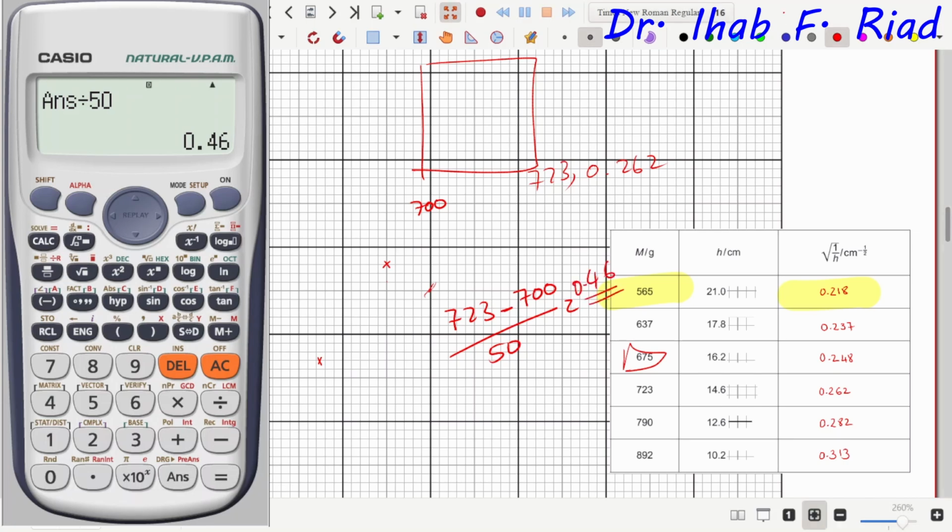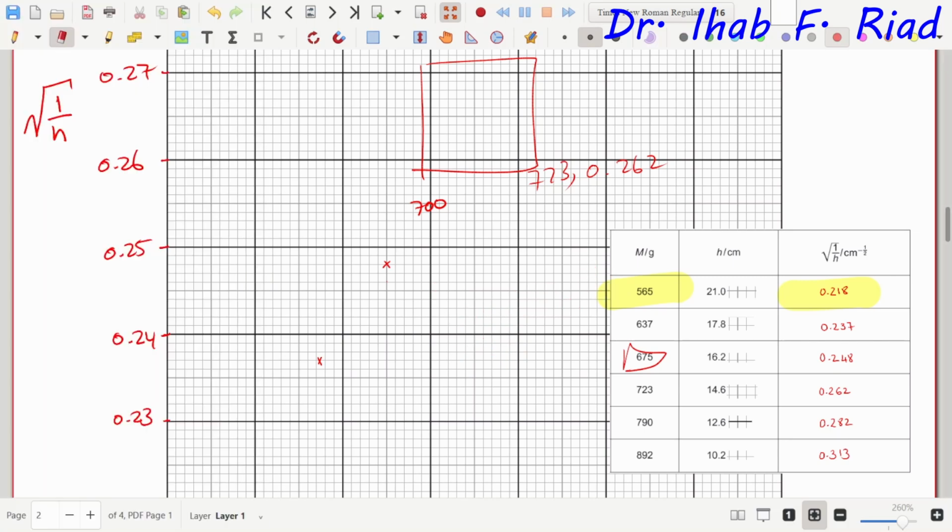So what does it mean? We are going to go for 4 small squares. It is going to be between 4 and 5 squares, but closer to the line number 5 than line number 4. Let us do the counting. So we see 1, 2, 3, 4. This is 5.